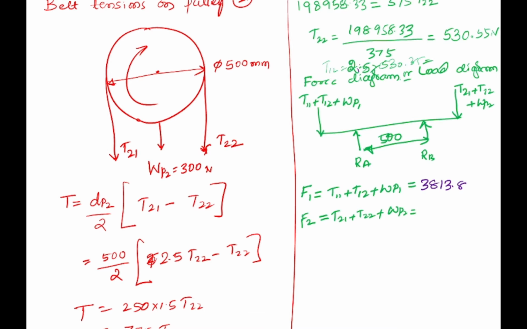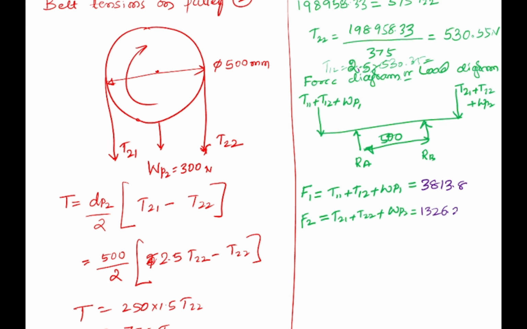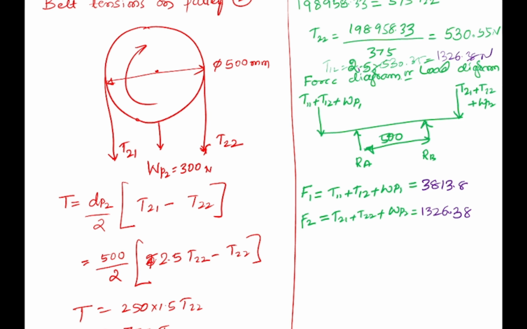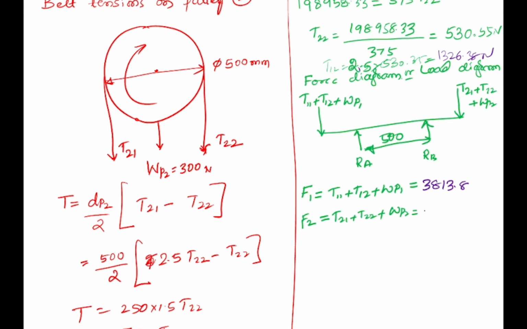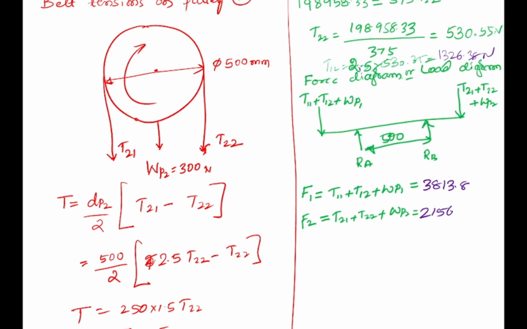It is 2.5 into 530. Somewhere you made a mistake. Check it. Okay. 1326.38. Okay. So how much here you are going to get? 1852.186. Okay, 21. Right.